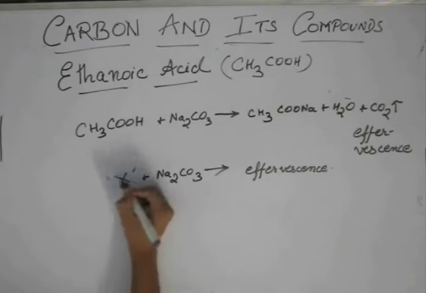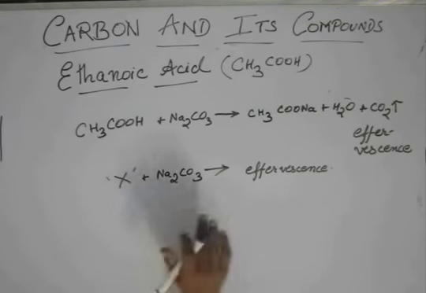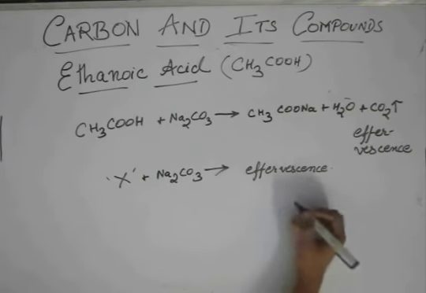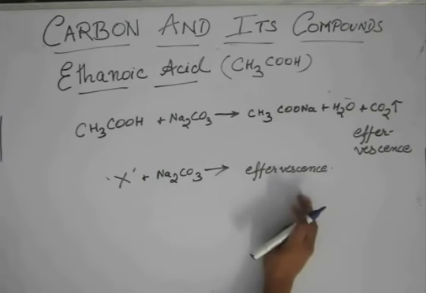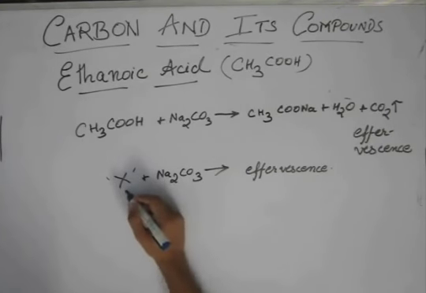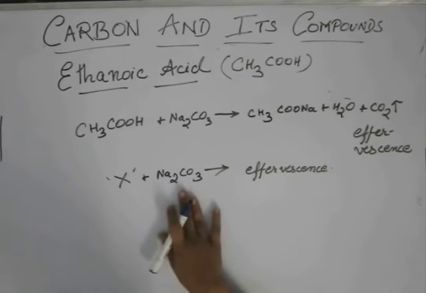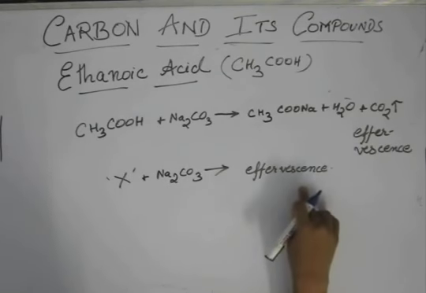So identify X. It's given that X is an organic compound, so you can't have HCl and H2SO4 and all. So this X should be an acid, because only acids on reaction with Na2CO3 give effervescence.